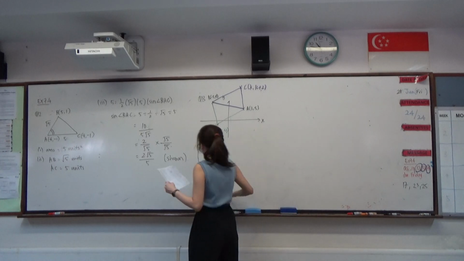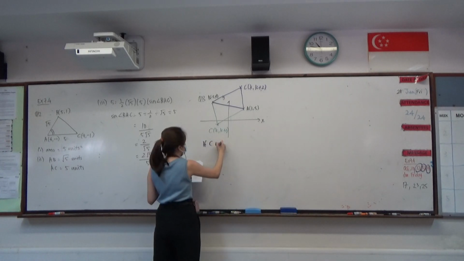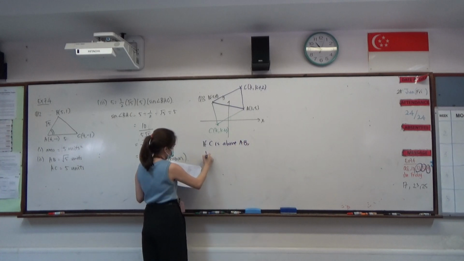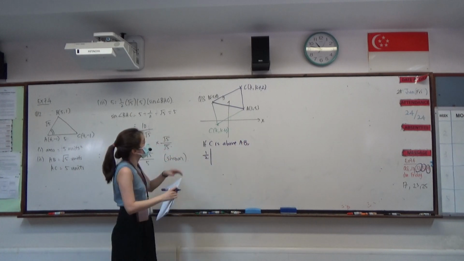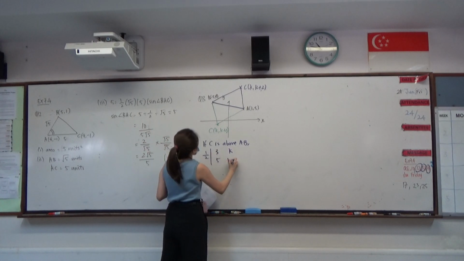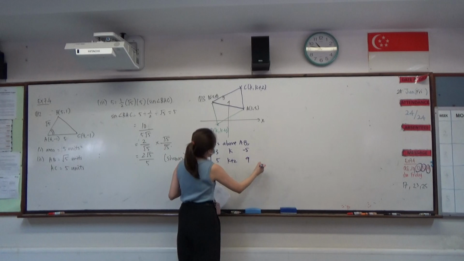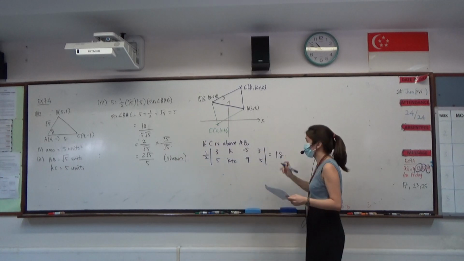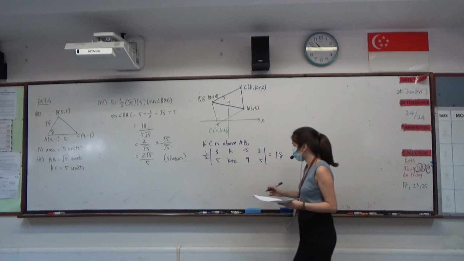Making use of these two diagrams, these two different cases, we will form the equation. So if C is above the line AB, then going in a clockwise manner, we will have (3, 5), (k, k plus 2), (-5, 9), and (3, 5) again, which equates to the area 18.